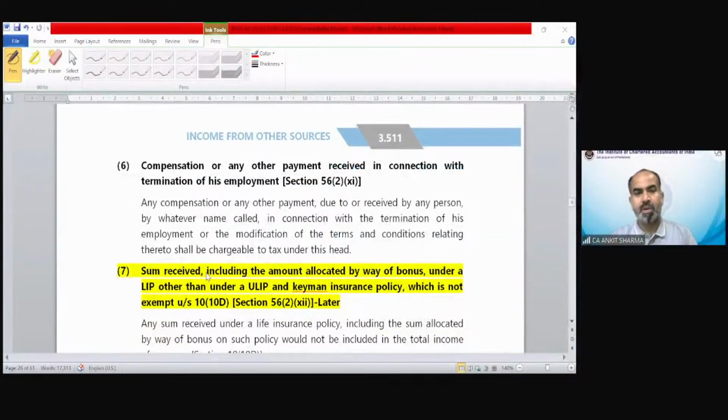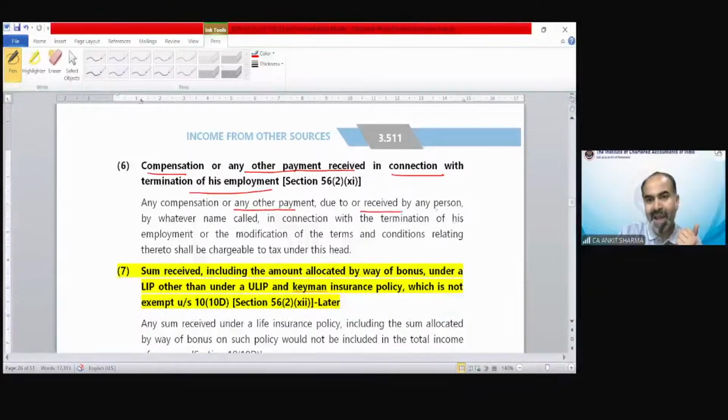Okay. So that is point number 6, compensation or any other payment received in connection with termination of his employment. Any compensation or payment due to or received by any person, by whatever name called, in connection with the termination of his employment or modification of the terms and conditions relating thereto, shall be chargeable to tax under this head if it is not taxed under any other head of income.